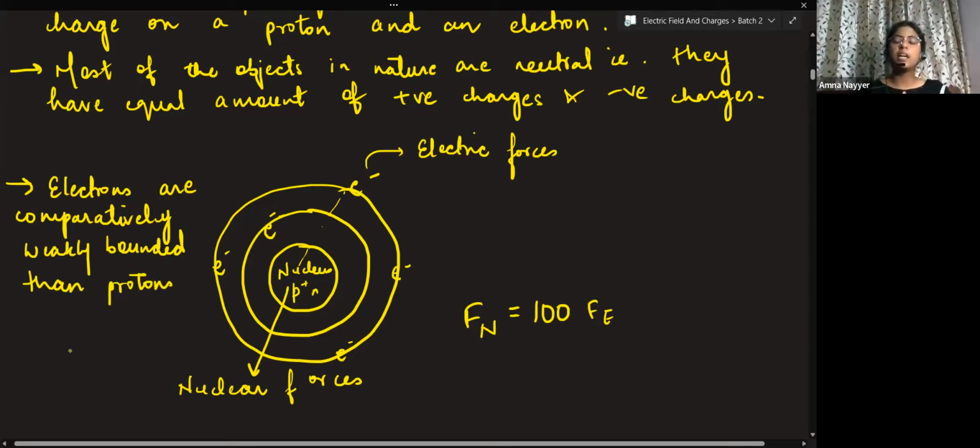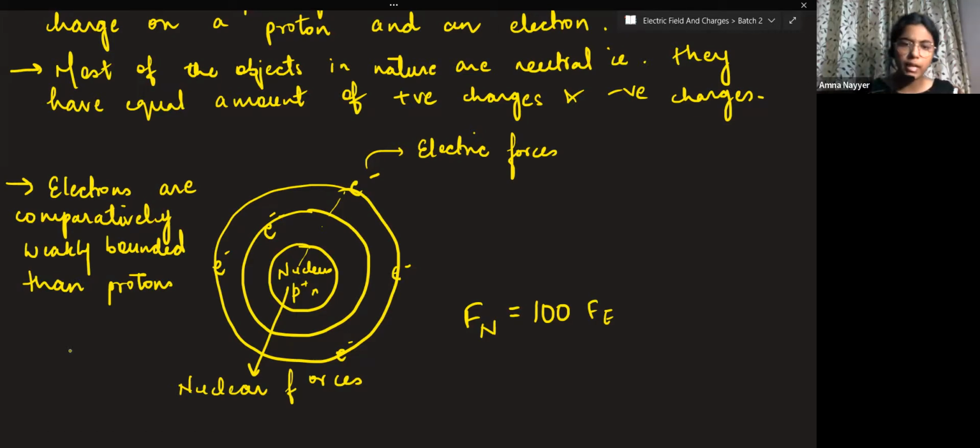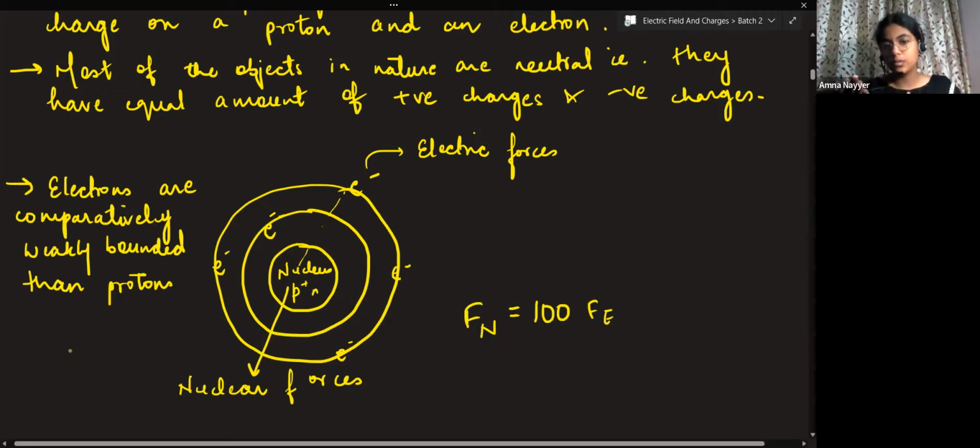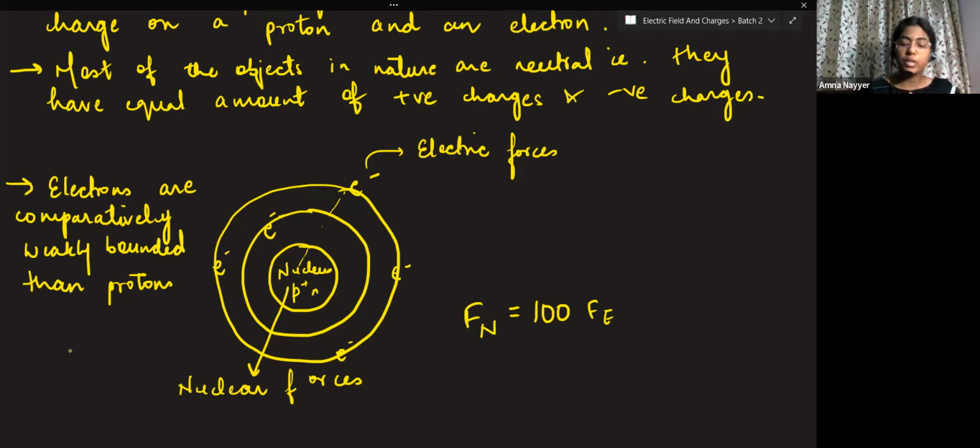So whenever charging or transfer of any charged particle occurs, it's the electrons that move, simply because they are weakly bound. You never see a proton moving, even if I say a positively charged body is there. When I say a positively charged body, it doesn't mean that protons have accumulated in the body making it positive.